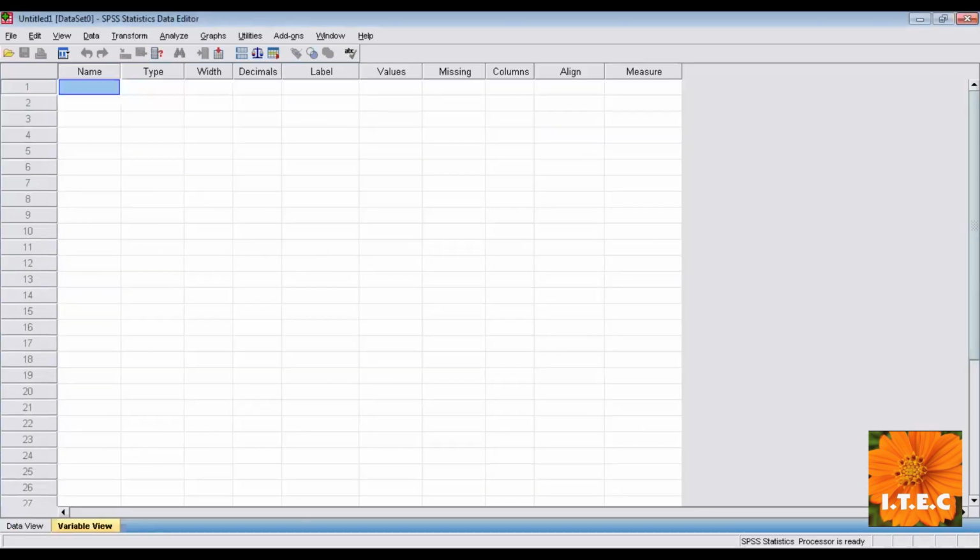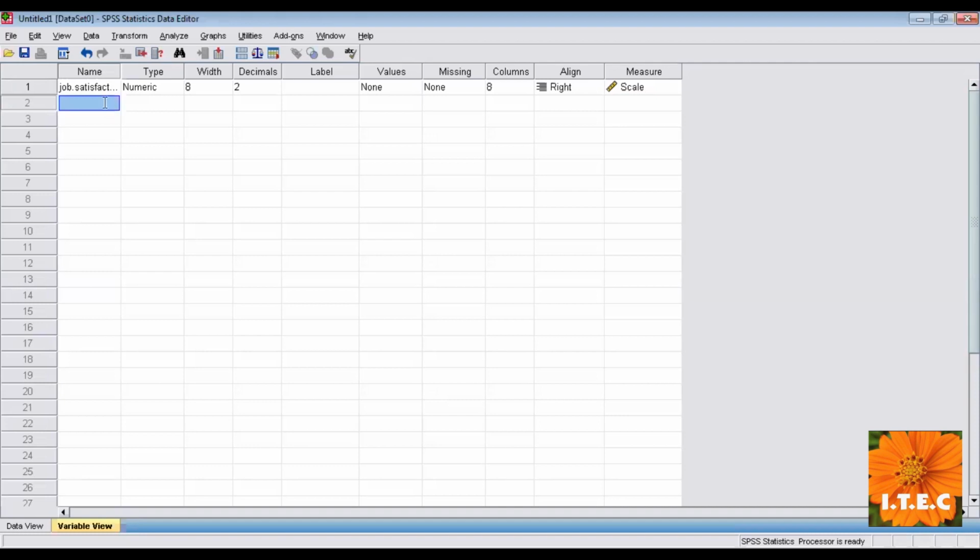So I go to the variable view and let us say, if you want to write job satisfaction, so job satisfaction. And this is a continuous variable. I can click like this.